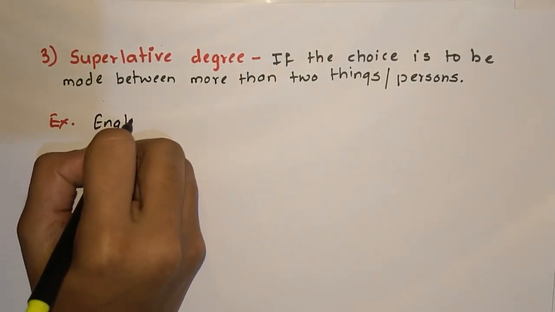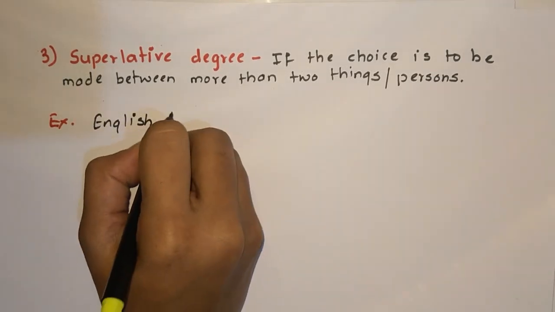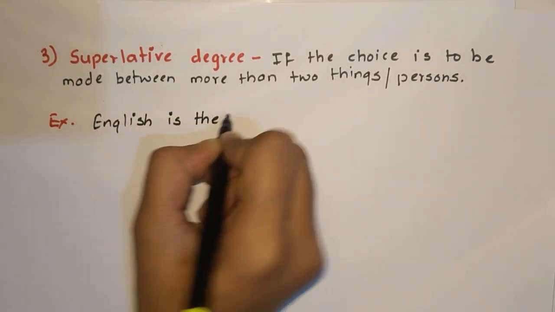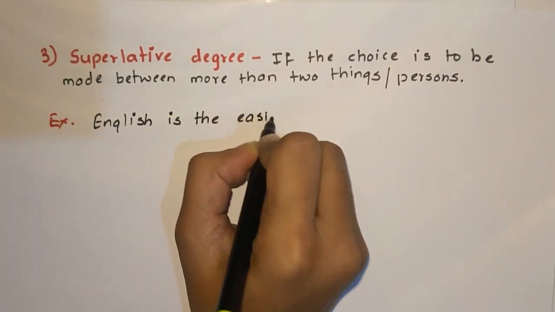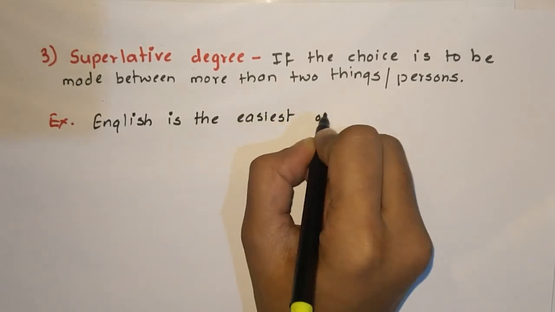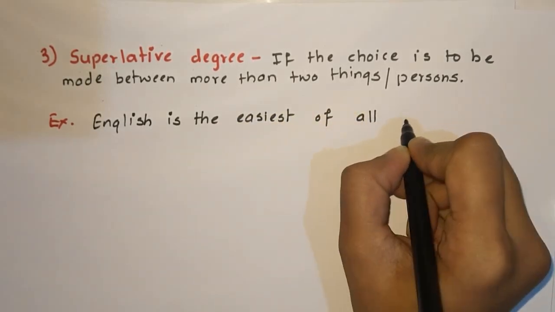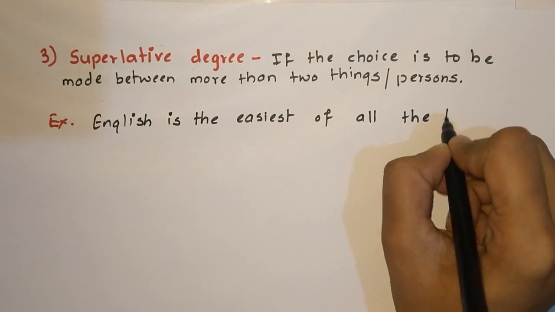Example, English is the easiest of all the languages.